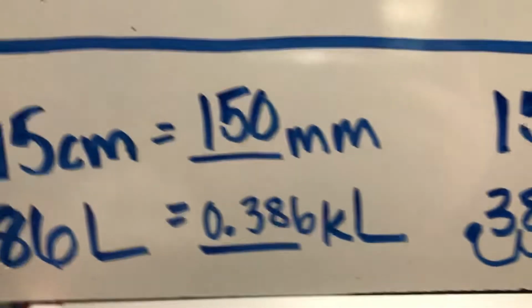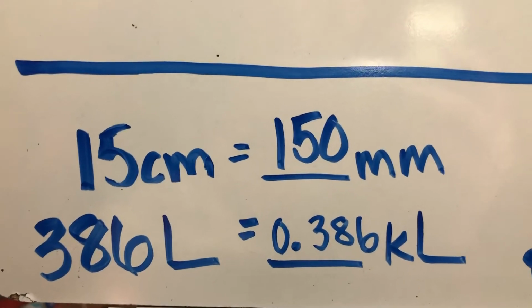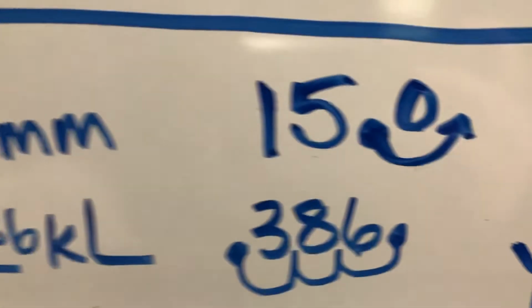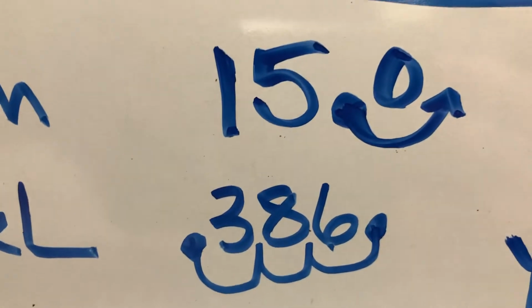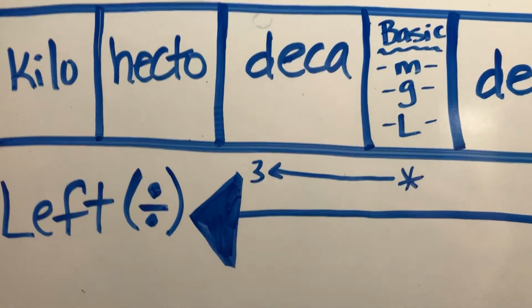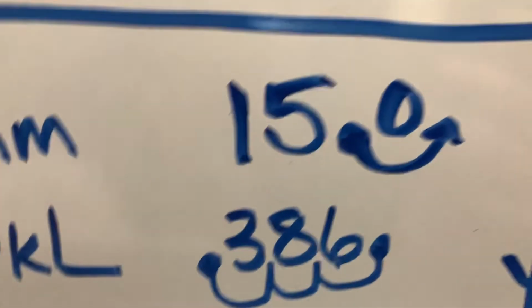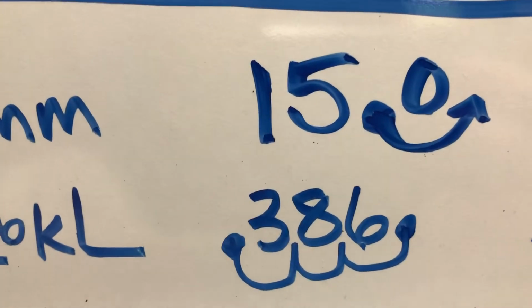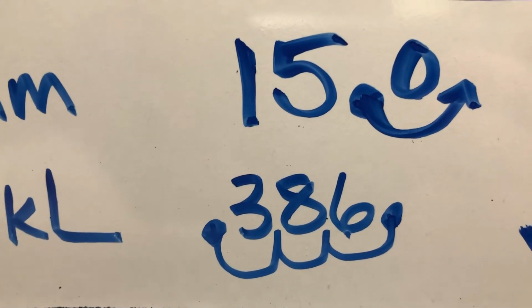So, I put 386. I get to assume that the decimal point is after the 6. So I put it there. 386 decimal. And now I go to the left 1, 2, 3 times. And I put my decimal point there.